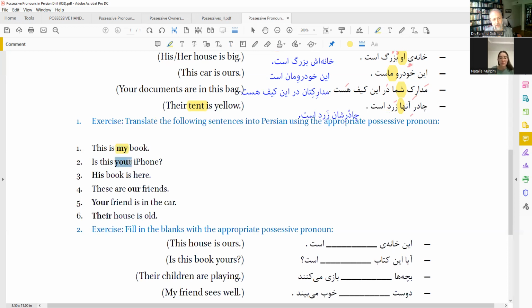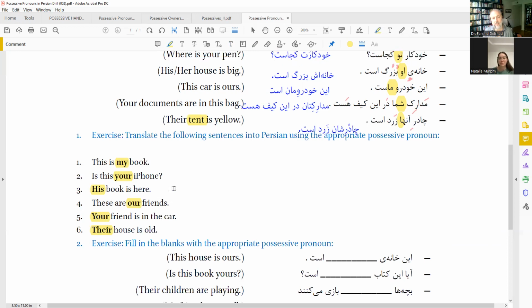My, your, his, which is the same as her, our, your, and their. The first three phrases are singular, and the ones from four to six are plural. So what we are going to do is use these binary phrases. We say once with the plain form and once with the enclitic form.